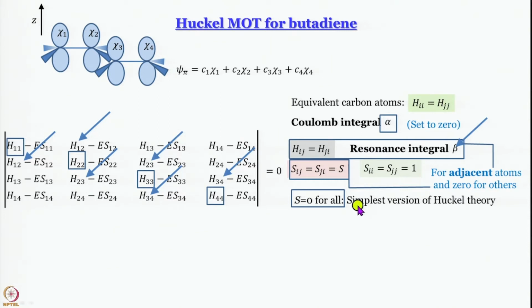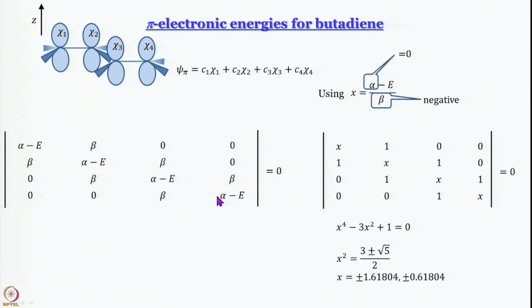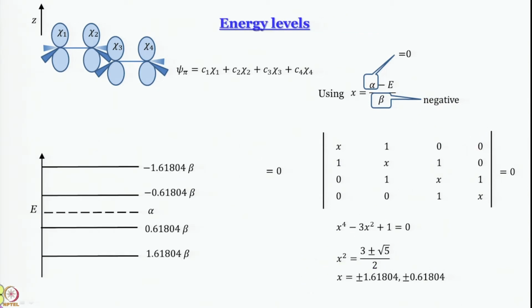So, when we apply all these in this secular determinant, it simplifies, and we simplify it further by substituting x equal to alpha minus E by beta, and we say that x then is essentially negative of energy in units of beta.